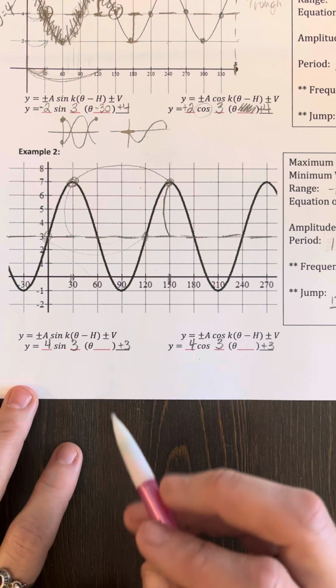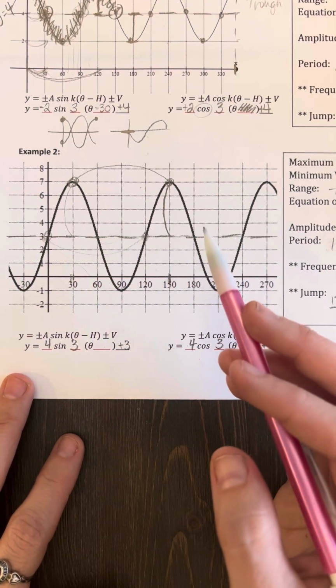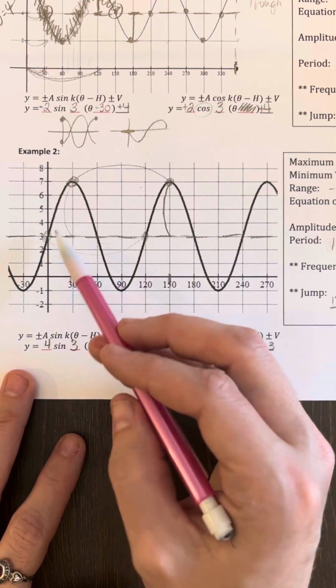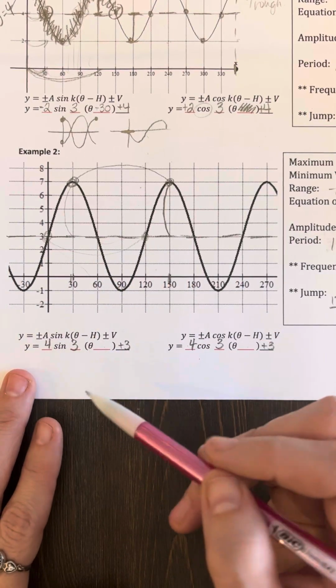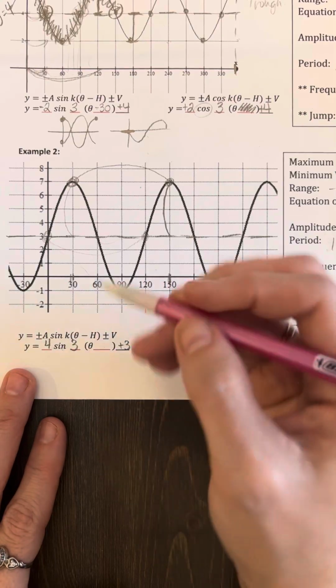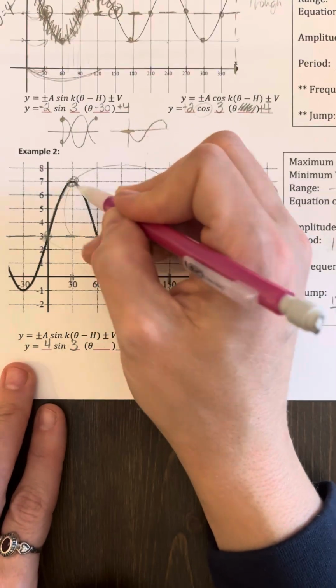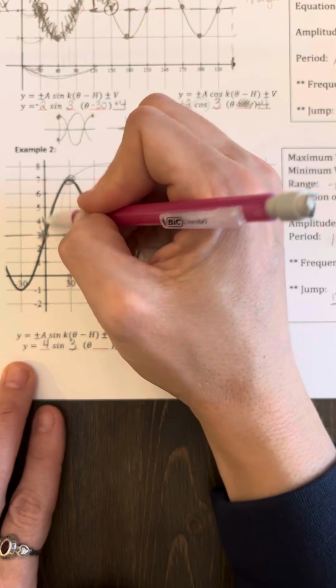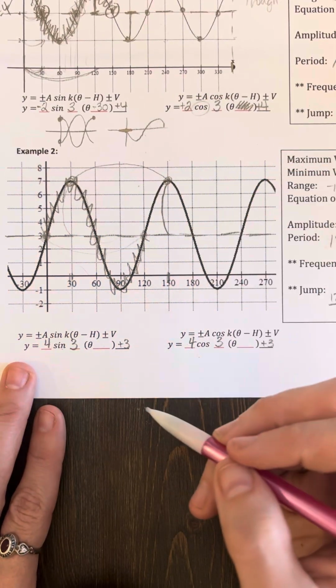I can pick any sine wave that I see, a positive or a negative one, but whatever one I pick is going to affect what horizontal translation I put down. If I'm talking about a sine wave, I might as well use this one because this one starts right at 0. So here's a positive sine wave.